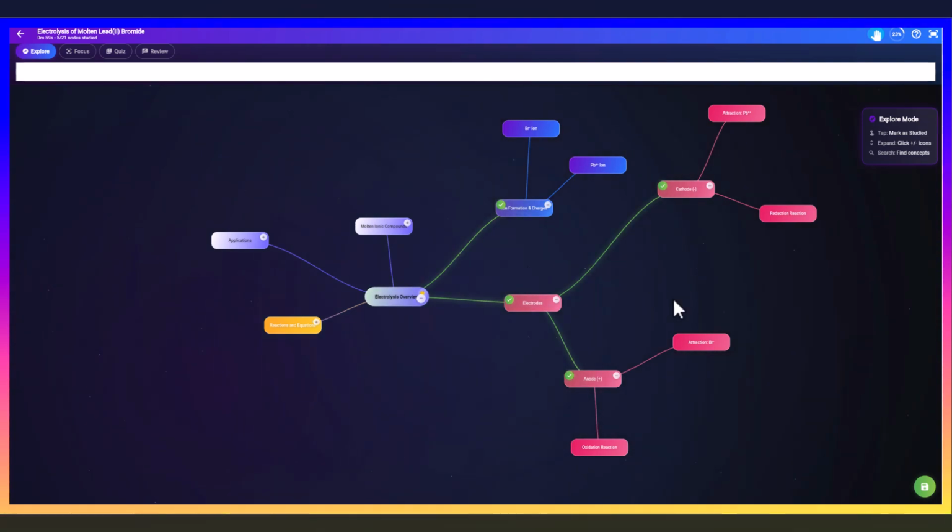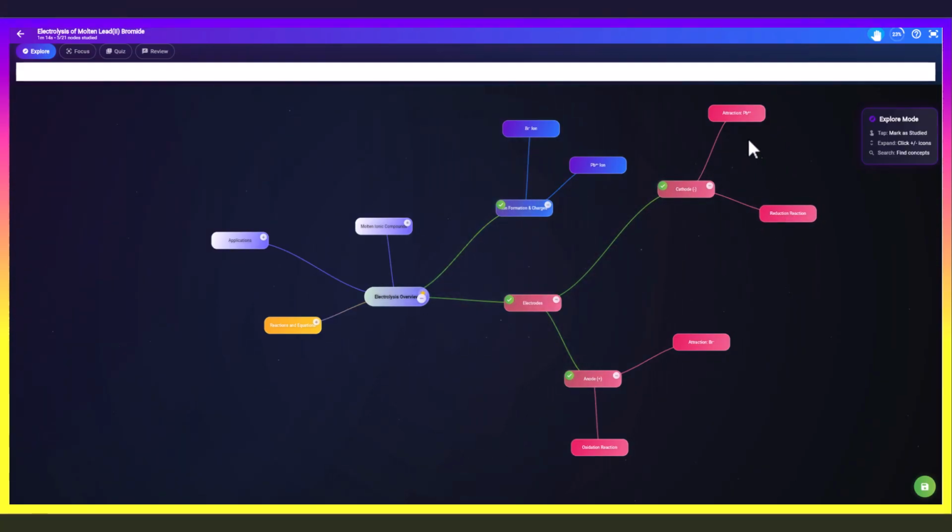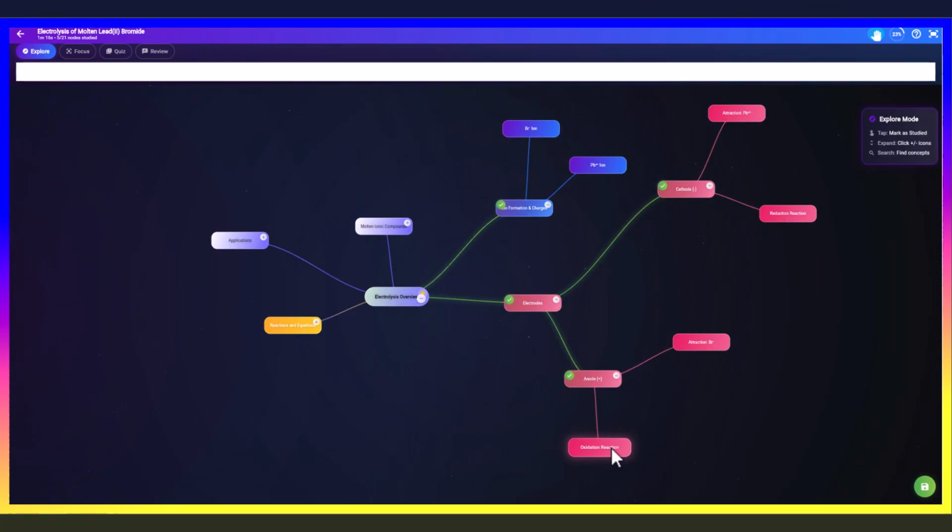So I don't feel like I've come away from that lesson having to just remember tons of stuff. I've got concepts that I feel I could apply to different questions, because now I know what the anode is, I know what the cathode is, I know what the reduction reaction is, I know what the oxidation reaction is.